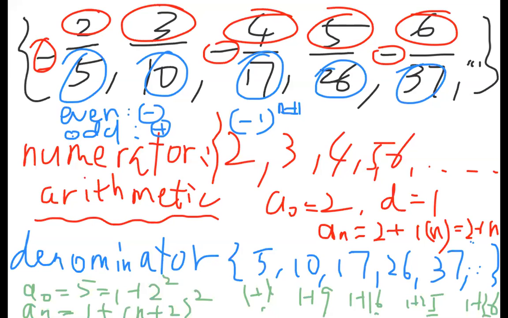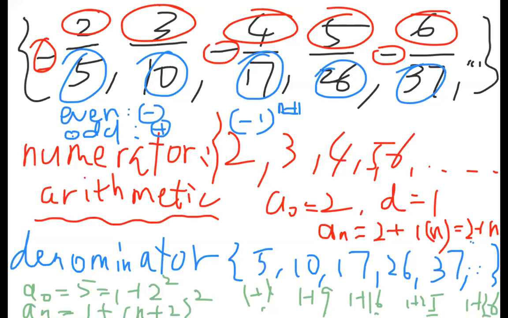Now -1 to the n plus 1 becomes negative because n plus 1 is odd. For odd terms, n plus 1 is even, so -1 to the even power becomes positive. It matches our pattern.